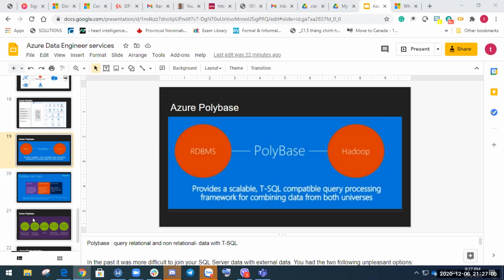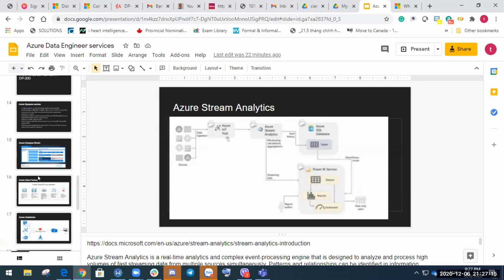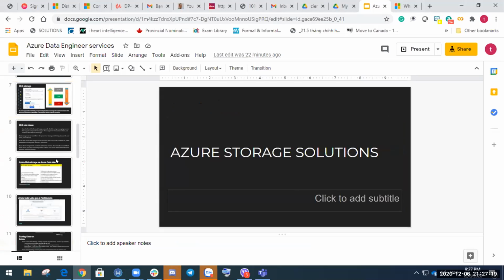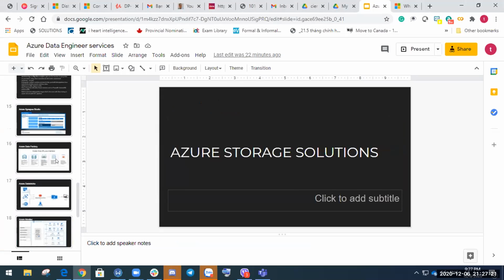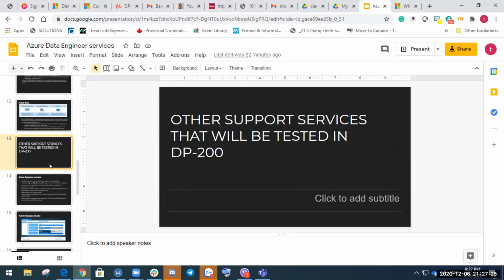So let's see the next one. After we talk about this one, we will conclude all of the services that we have for Azure. Just briefly again, we went through Azure storage, the different Azure storage options, and we went through other supporting services that will be tested on DP-200.